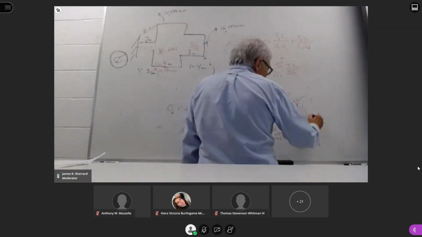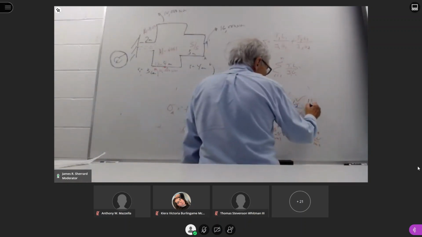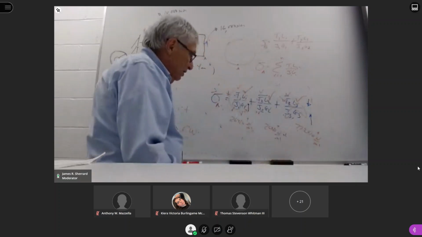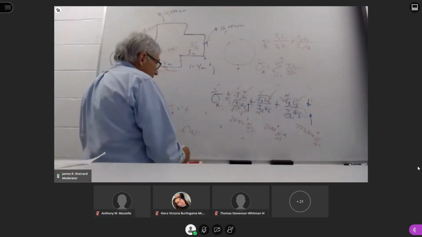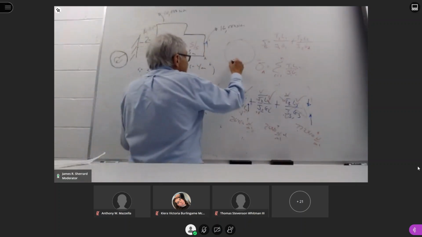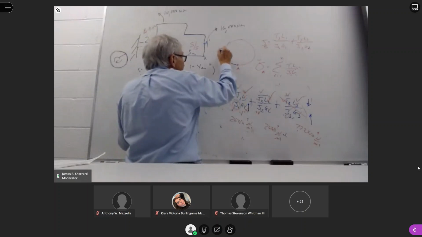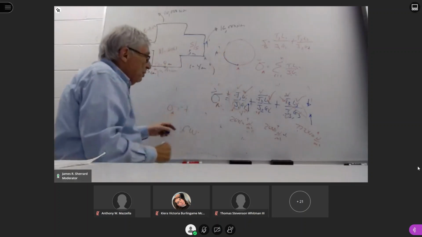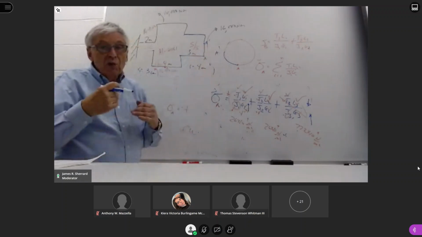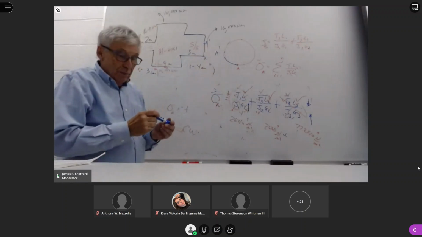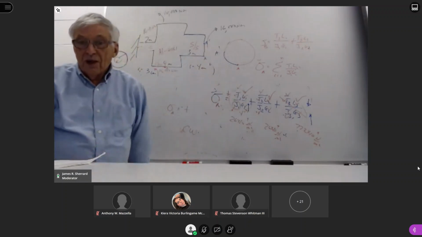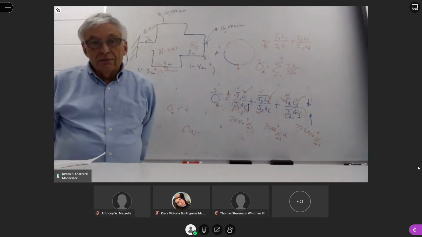This value has gone up, therefore this value has gone down. So the final answer means that A is going to rotate to A prime, but A prime is going to be less in rotation than we had for our initial problem. Okay. Everybody getting the hang of that?